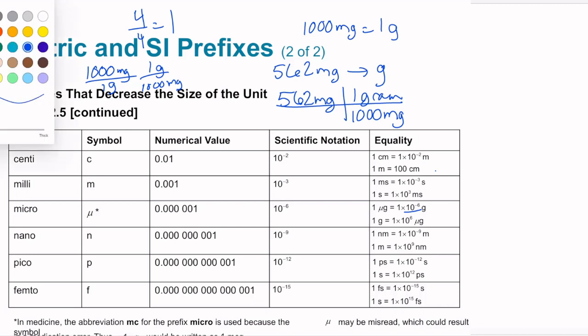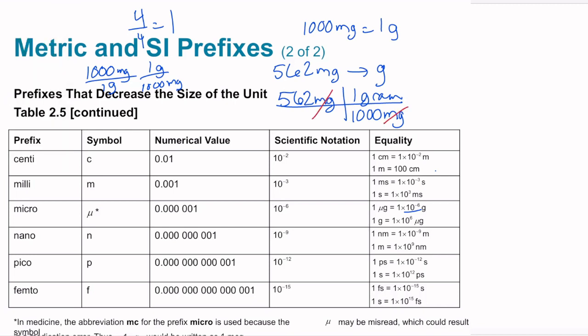So we can cross out the milligrams, because milligrams divided by milligrams is just equal to 1. We divide the 562 by 1,000, and that gives us an answer of 0.562 grams. Now we've converted the milligrams into grams, so we can use these conversion factors to convert between metric units.